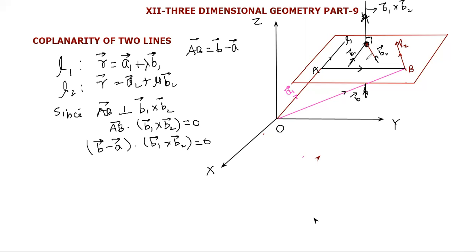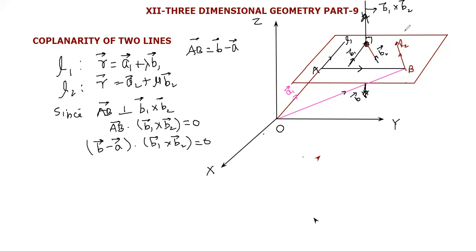Yes, no problem. If the direction is down, we can also take that, no problem. In that case, you can take L1 this side and L2 that side. So down direction is also perpendicular to this.